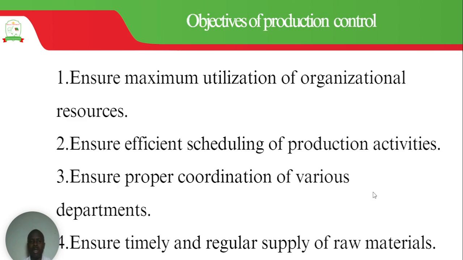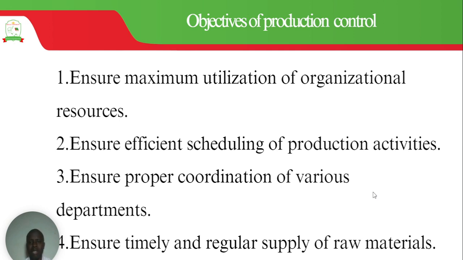When we are doing production control, the key aim of this particular activity, we want, number one, to ensure maximum utilization of organizational resources. I have mentioned resources, the human resources, the finances that we have. The other one is ensuring efficient scheduling of production activities. Another objective is to ensure proper coordination of various departments.